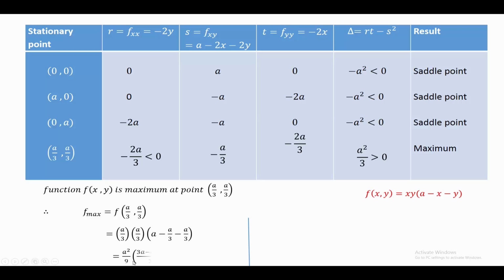So we get a square by 9. Inside the bracket LCM is 3: 3a minus a minus a. A square by 9 into bracket a by 3. So we get a cube by 27, which is the maximum value of the function. This is the final answer.